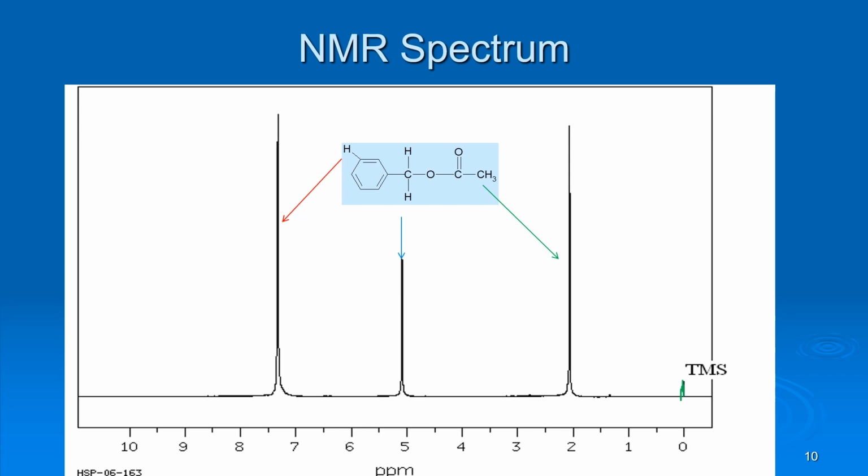We'll talk more about how you know this, but for right now, we can see that there are 3 hydrogens over here. Since this is hydrogen NMR, it's only detecting the hydrogen. So the 3 hydrogens over here give rise to this peak. There are 2 hydrogens right here, and they give rise to this peak here.